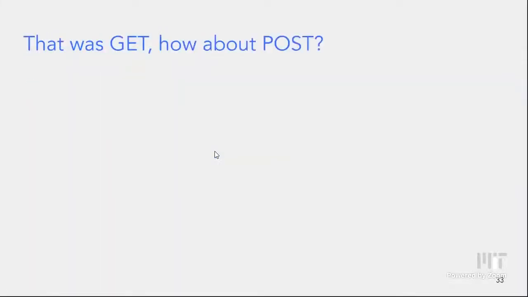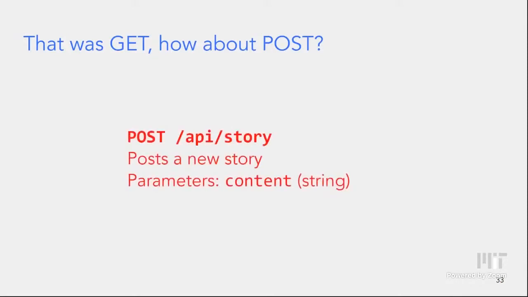Now that was the GET request portion of this part of the workshop. So how about POST, right? So we know how to get our stories. Now we want to post a new story onto the feed. So once we write down our stories, we want to send that content to the server and say, hey, can you add it to the database so that I can see all of my stories or the posts the next time I get it?